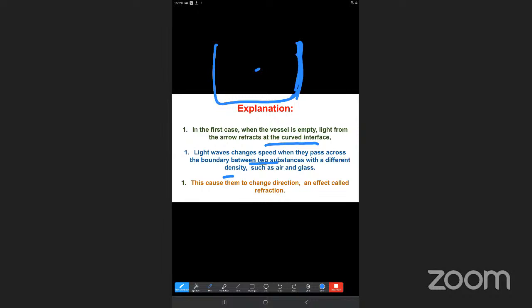This is a glass medium here. Inside the glass we again have air. There is no water. So when the vessel is empty, light from the arrow refracts at the curved interface. It moves through the glass and enters into air.